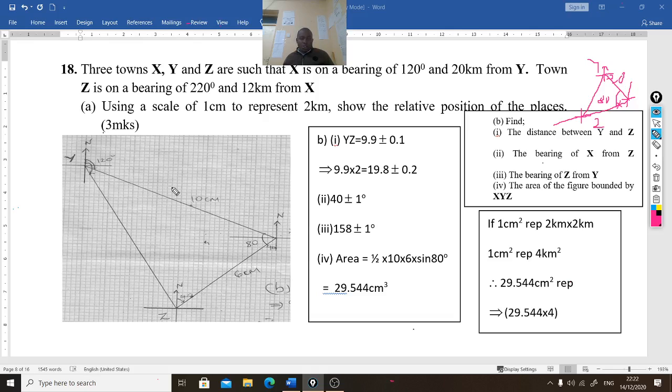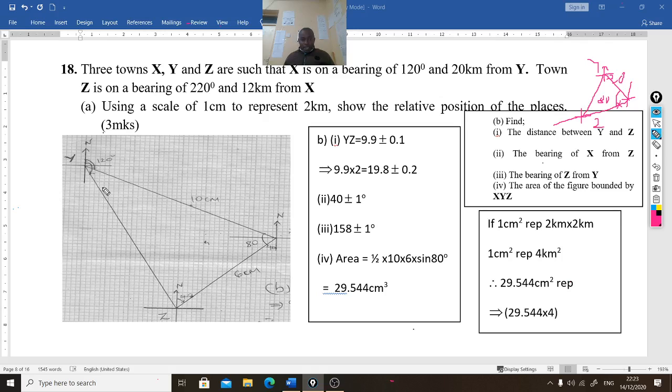You can decide to use kilometers, or you first of all calculate in centimeters, then you convert. Still it's okay. If I use centimeters, remember this 10, this 6, and this is 9.9 or 9.8, whichever that you found, but accuracy is most important.